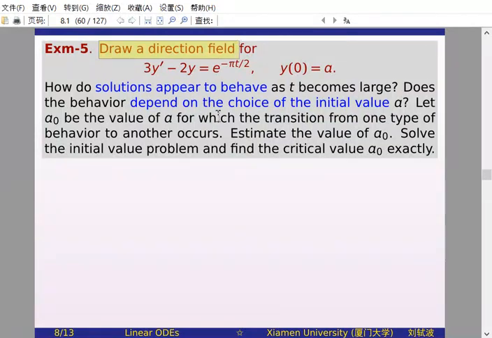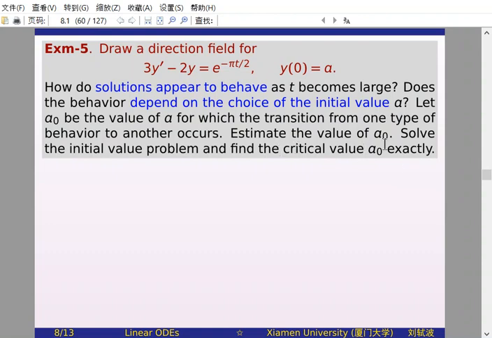Of course, we are also required to solve the equation and find the exact value of the critical value a0. We obtained minus 0.13 and something, and that is an approximate value, not an exact value.